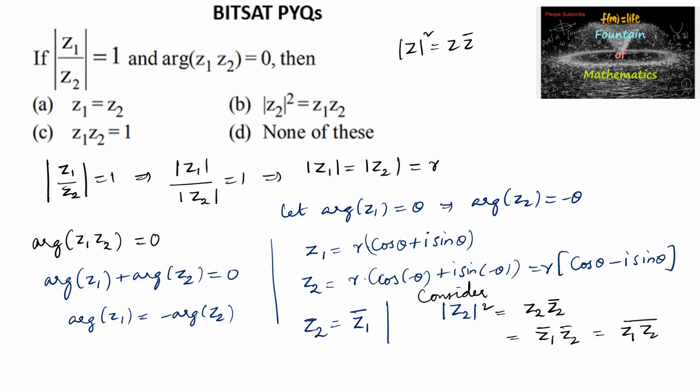Or we can also write z2 bar is nothing but z1, or z1 bar is equal to z2. So this can also be written as z1 into z2. So mod z2 square is equal to z1 z2, which is option B. We can go with option B.